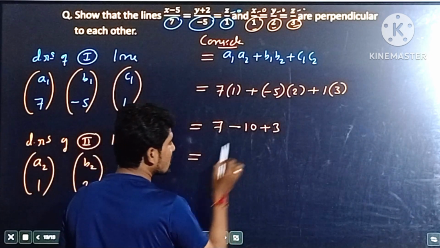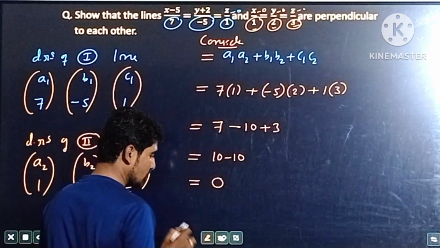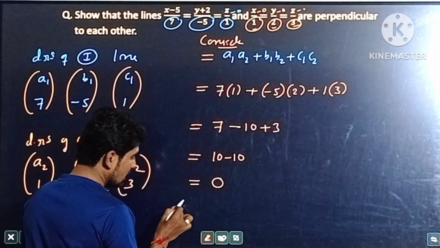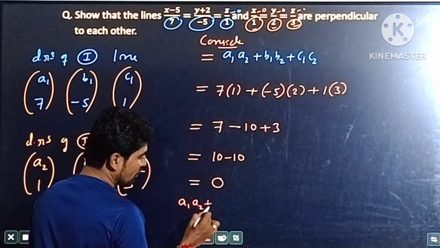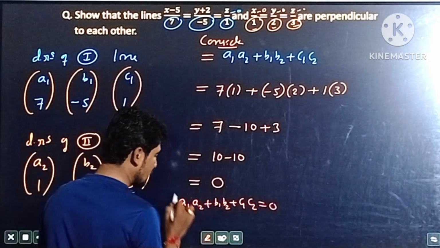So observe here, 7 plus 3 is 10, minus 10 as it is, so 10 minus 10 is equal to 0. Hence we got a1 a2 plus b1 b2 plus c1 c2 equal to 0.